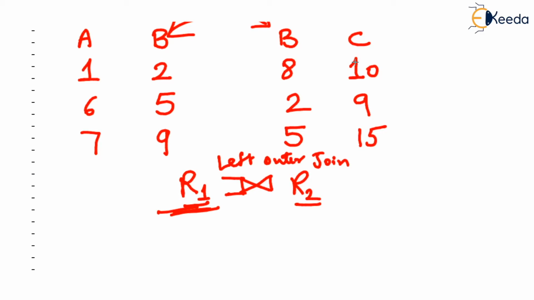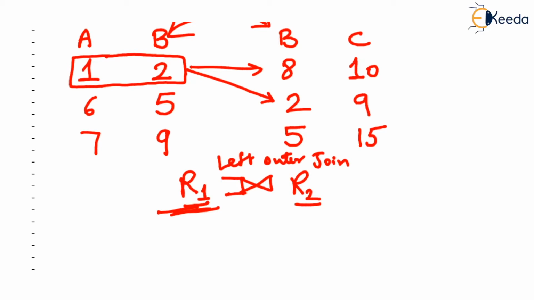You know that in join, 1, 2 will be joined with 8, 10, 2, 9, and 5, 15. Correct? I am talking about the usual join. And remember, this is still the natural join we are talking about. There is a common column between the two tables, and the match is found.